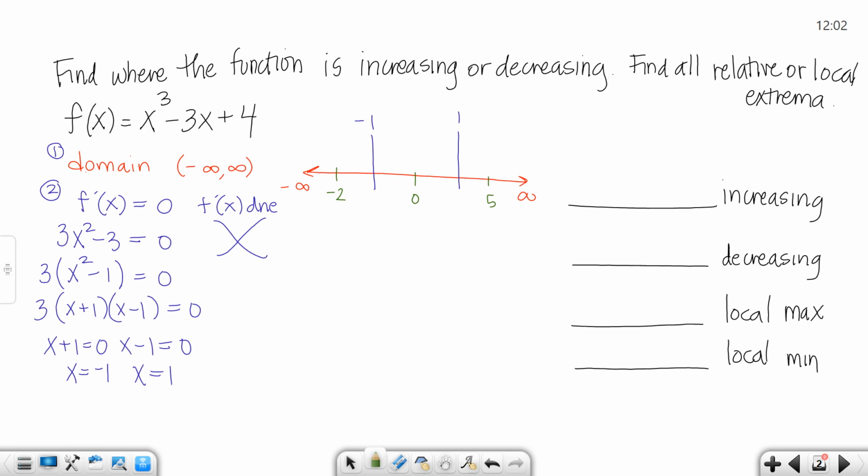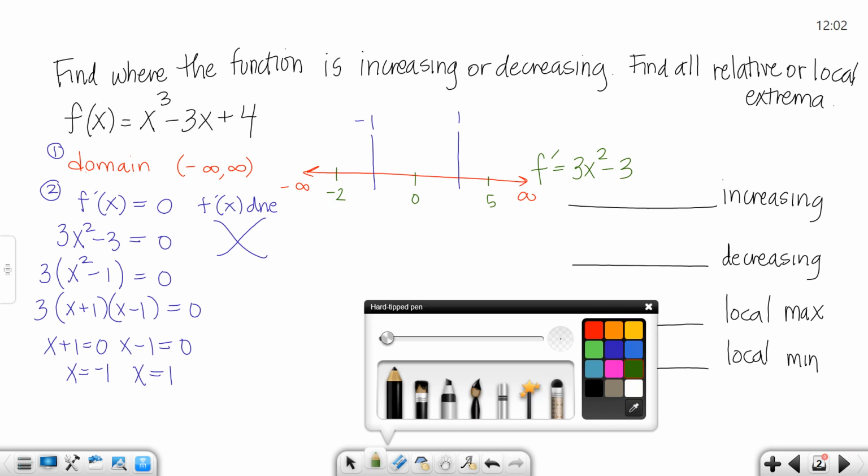What you're going to do with those green test points is substitute the test point into the derivative. So my derivative is 3x squared minus 3. I'm going to plug these three green numbers into 3x squared minus 3, and I'm going to look at the sign.